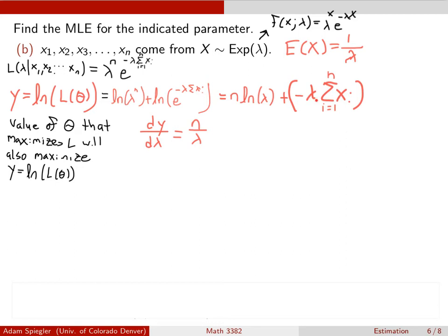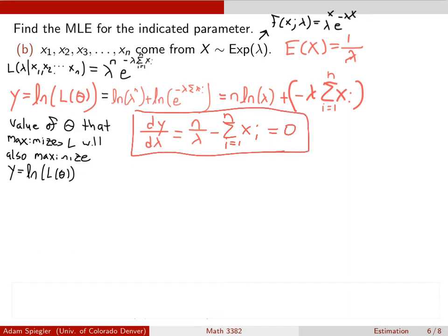And so if I take the derivative of this with respect to lambda, this derivative would give me minus 1 times this constant. So on the second term, we're going to get minus the sum of the xi's as i goes from 1 to n. So here's our derivative of the log of the likelihood function. And now I'd want to know what value of lambda is going to make that equal to 0.